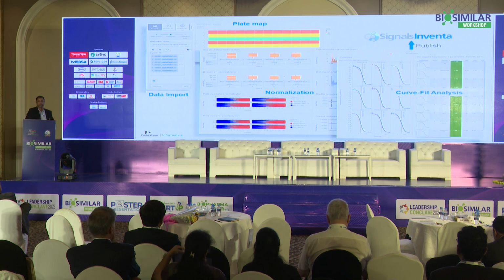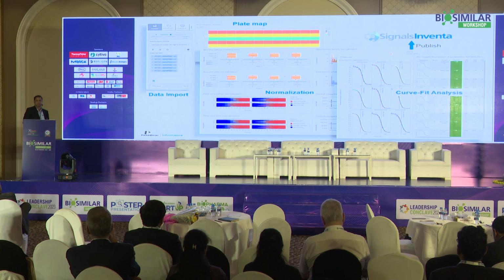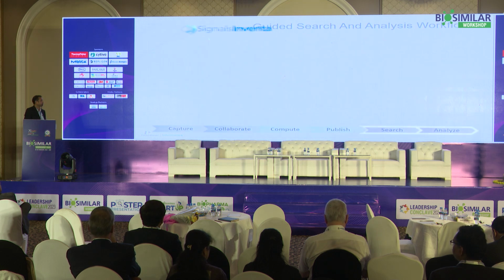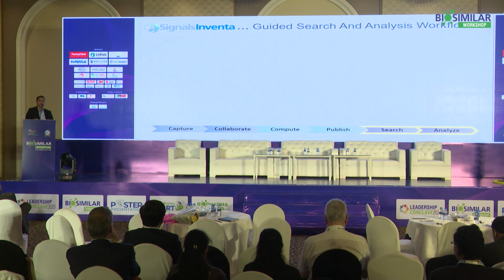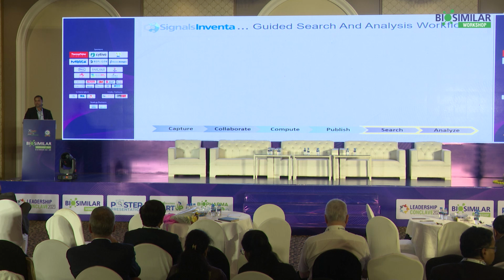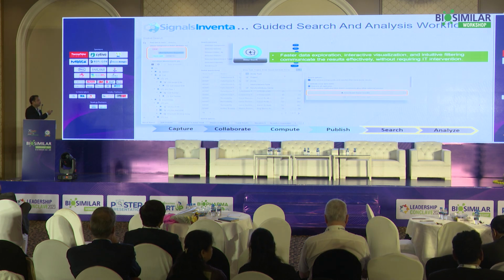So all the data, not only from alpha ELISA, all the data from different assays for this particular product will go in one central repository where it will be indexed and made ready for consumption. So that brings us to the data consumption part, where without relying on IT resources, you should be able to do a Google-like search, where it gives you a global search interface.